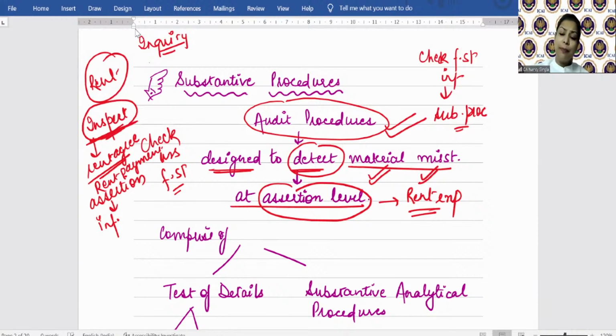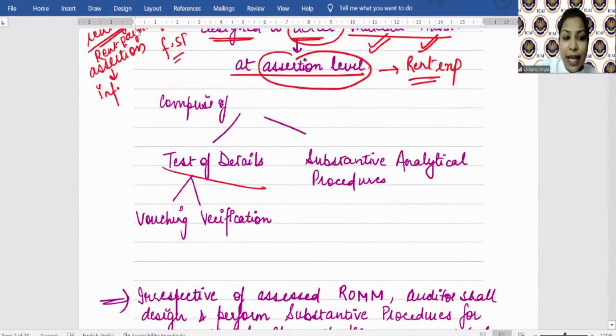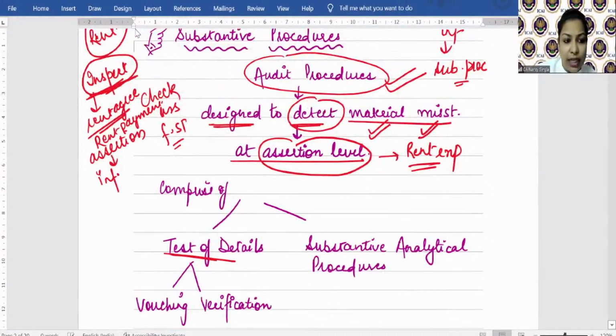Now, these substantive procedures can further be of two types: test of details and substantive analytical procedures.